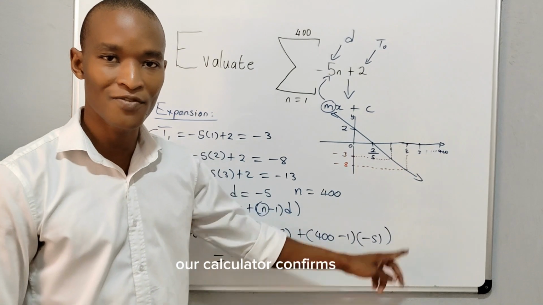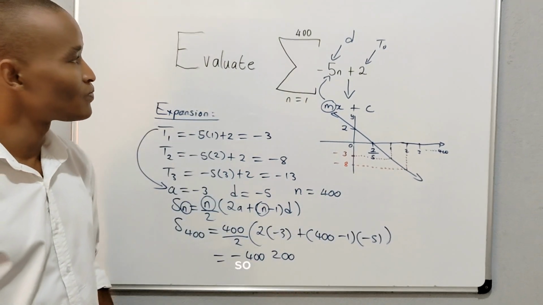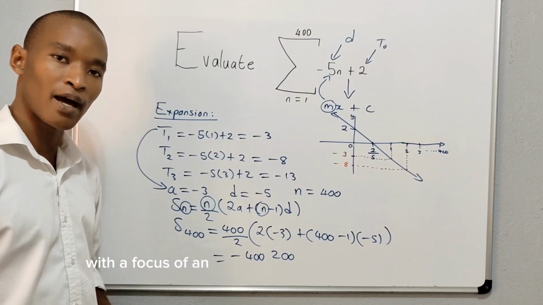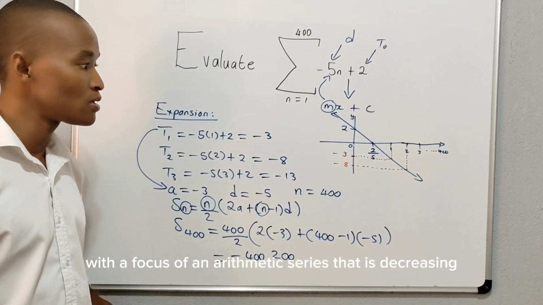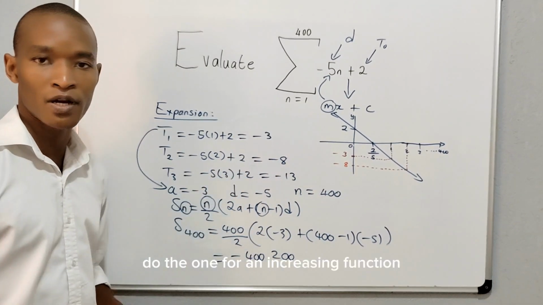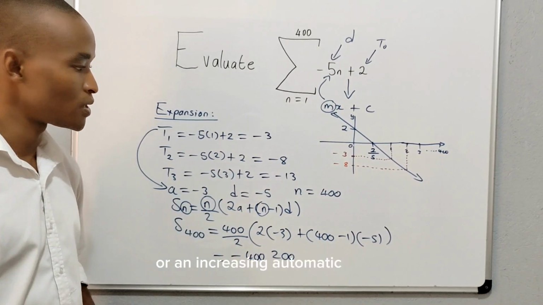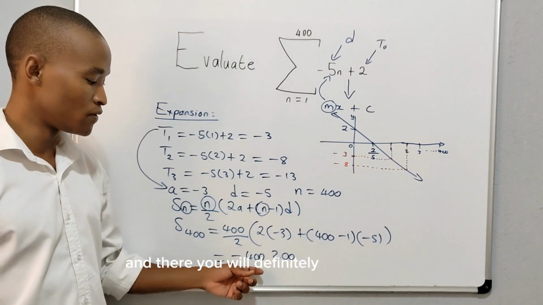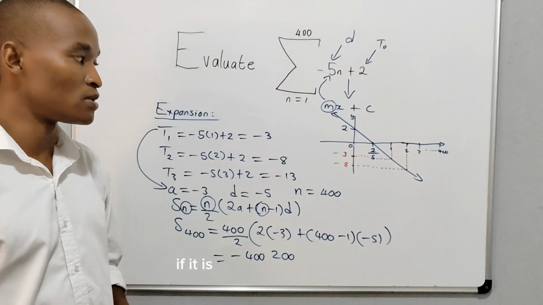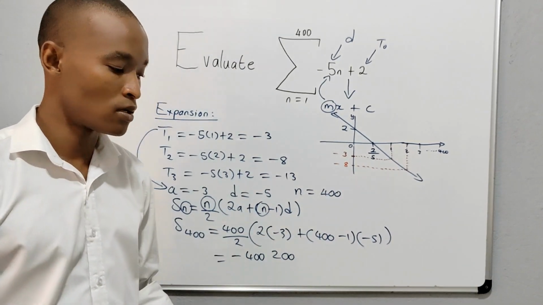Our calculator confirms that. So this is it about sigma notation with a focus on an arithmetic series that is decreasing. You can do the converse of this and do the one for an increasing arithmetic series, and there you will definitely get a positive value if it is a lot of terms that are positive.